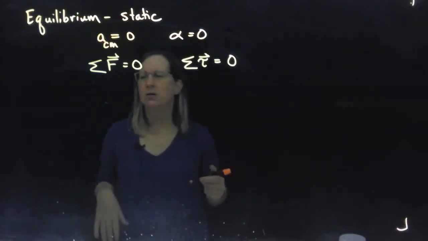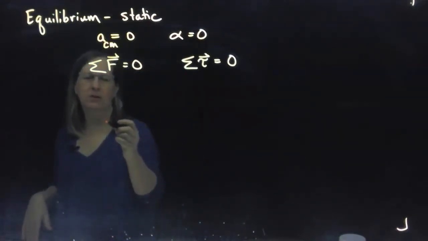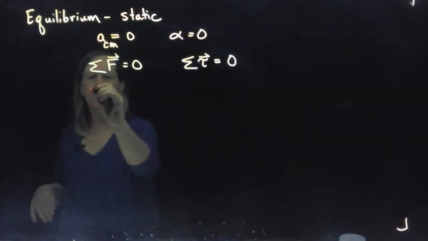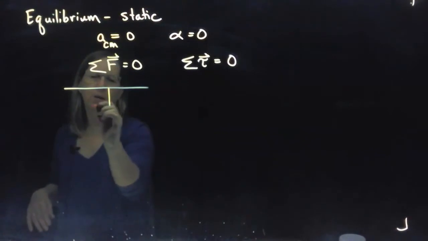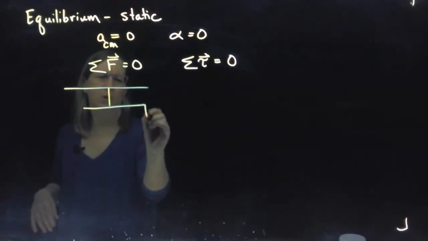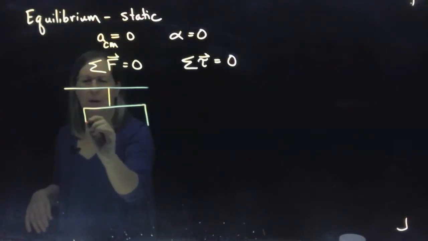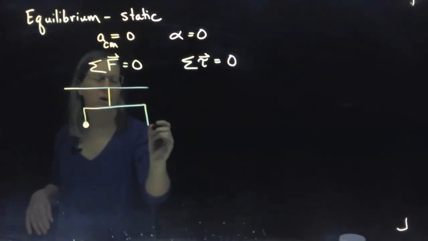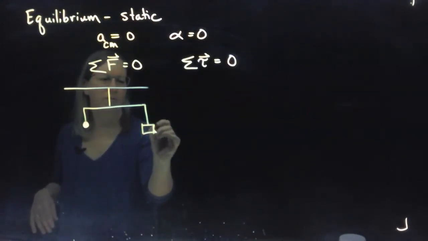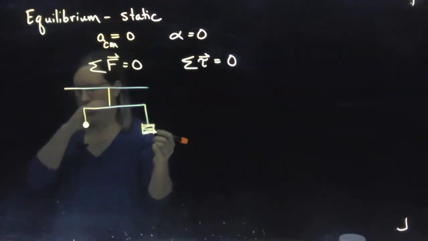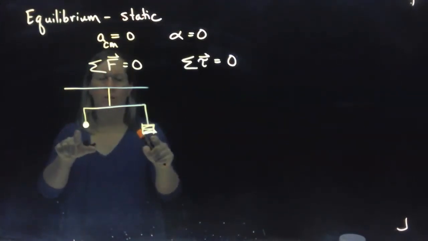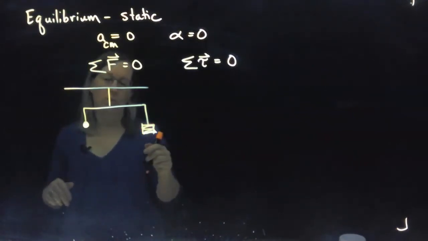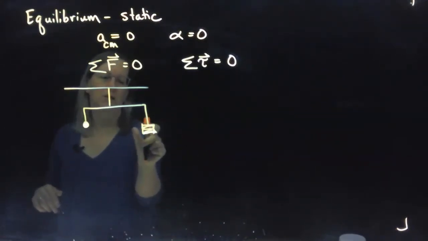So you can use this, for example, if you think about balancing something. If you think about mobiles that are set up where you've got a mass hanging off of here, and then a mass that hangs off of here, how do these balance? Well, if this is a longer arm than this, then you figure that this is a smaller mass.